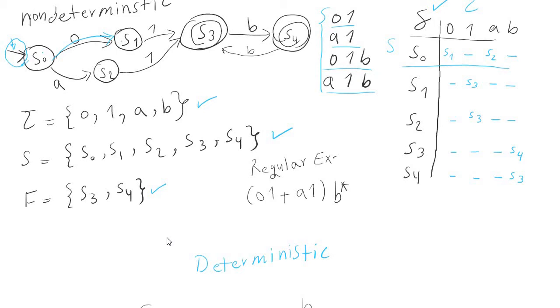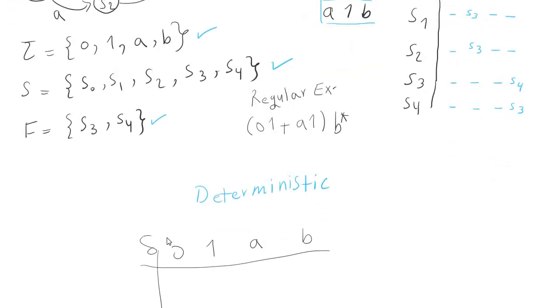So for state 0, I can reach state 1, and I can reach state 2, and these are unknown values. I will replace them with the new state R, state reject. And I will continue this process for all other states.